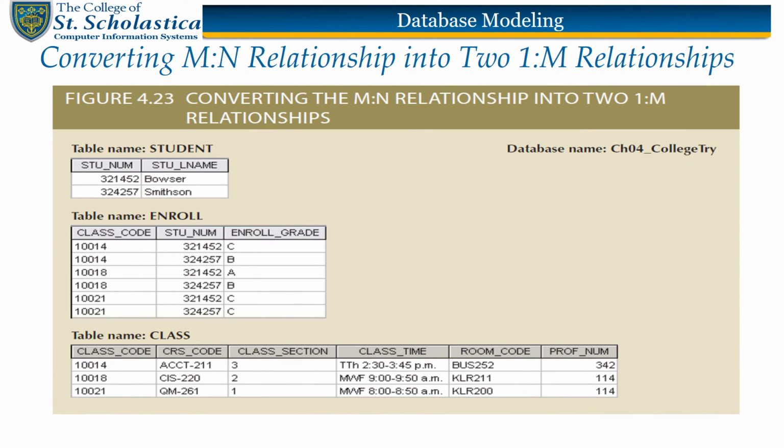Note the composite enroll entity in figure 4.23 is existence dependent on the other two entities. The composition of the enroll entity is based on the primary keys of the entities that are connected by the composite entity.